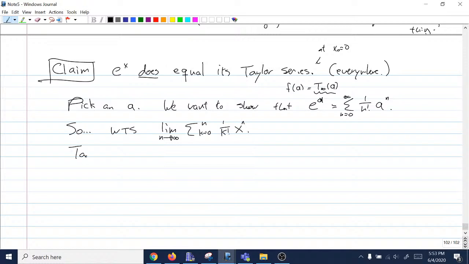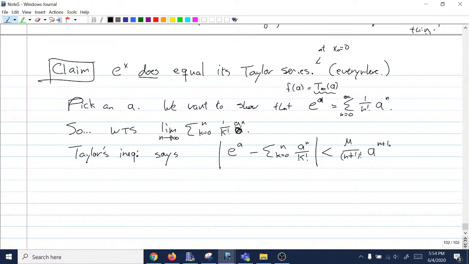Taylor's inequality says that e to the a minus the sum from k equals 0 to n of a to the k over k factorial is in absolute value at most M over n plus 1 factorial times a to the n plus 1, where M is how big the function gets.